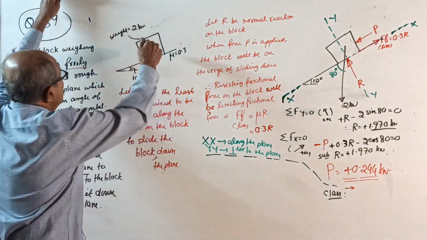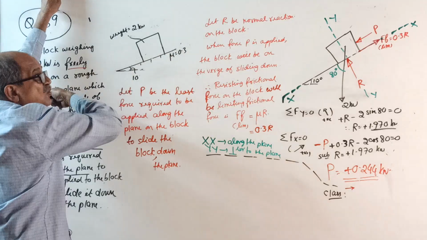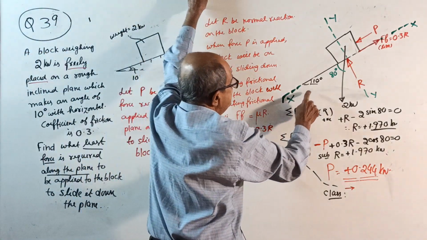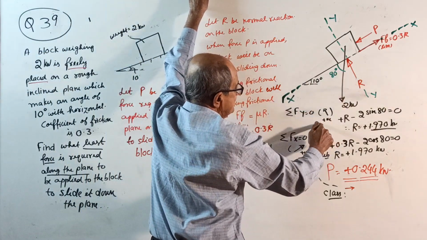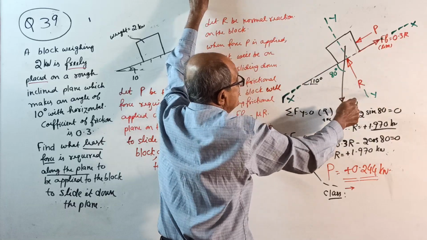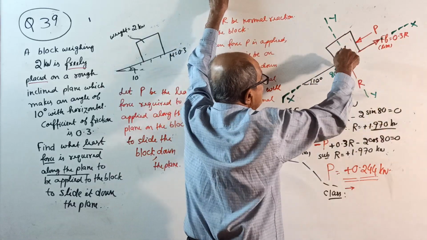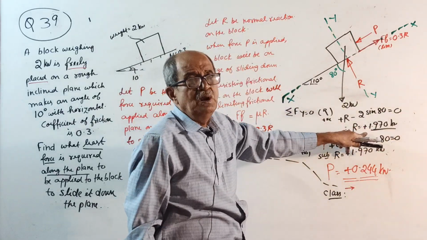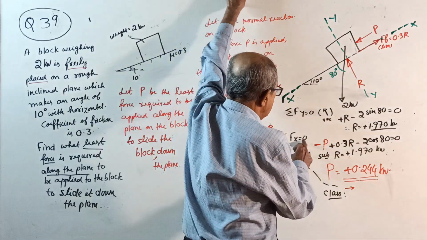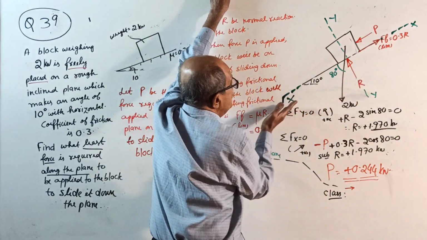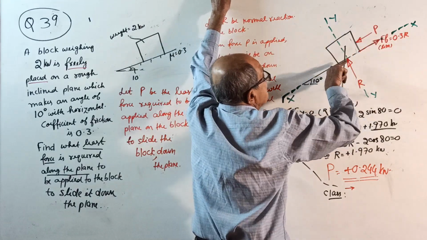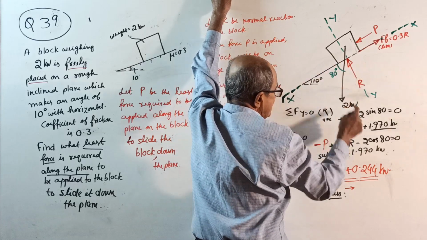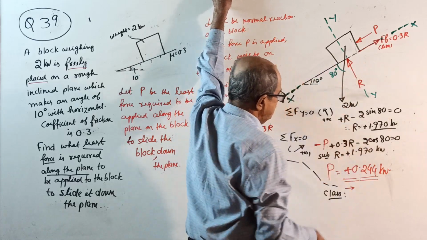What is the question? He thought this will not slide down. So to slide it, how much force is required? Start. Now this is 10 degrees, this is 80 degrees. Sigma Fy equals 0: R minus 2 sin 80 equals 0, R will come 1.970. Sigma Fx equals 0, right side positive: minus P plus 0.3 R minus 2 cos 80 equals 0.